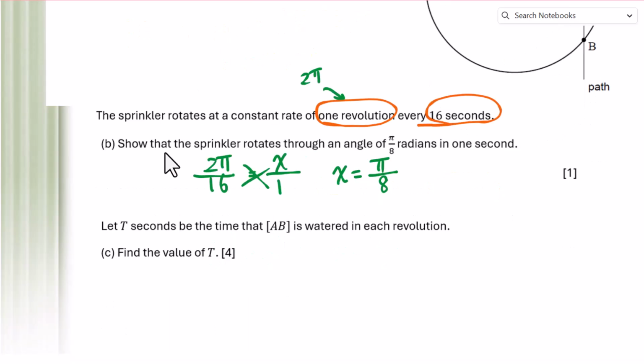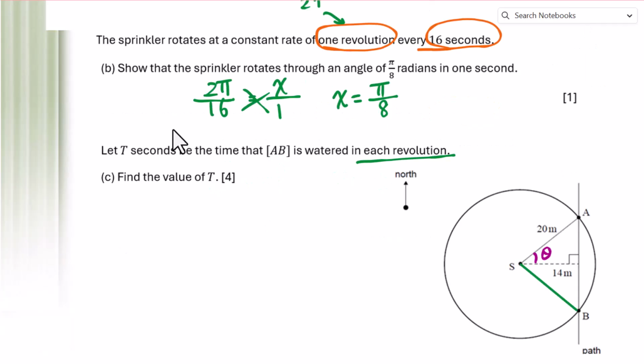Let t seconds be the time that AB is watered in each revolution. Find the value of t. Let's label this angle theta.